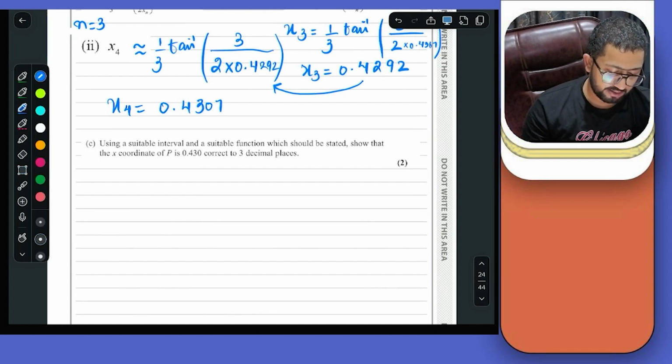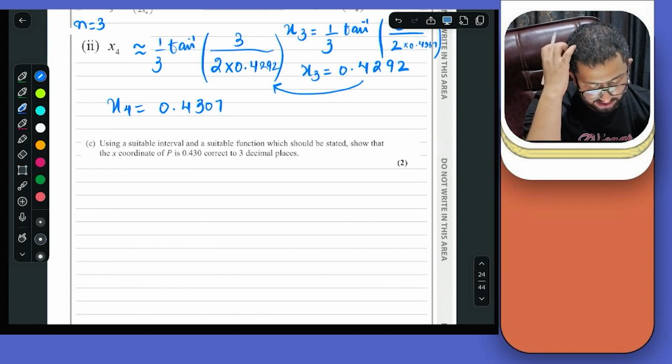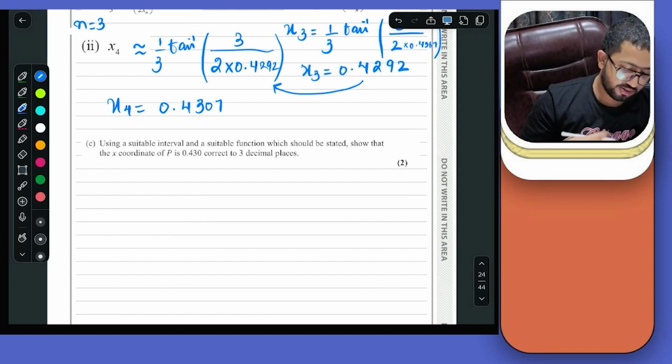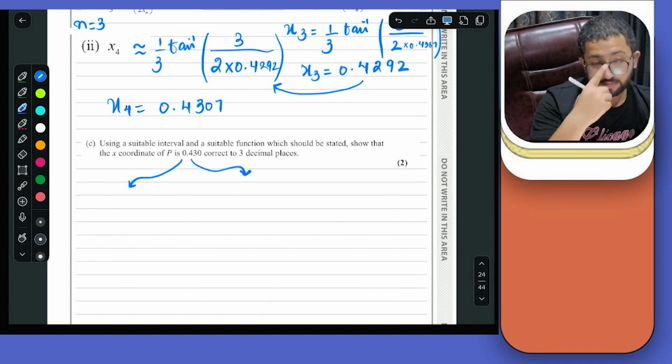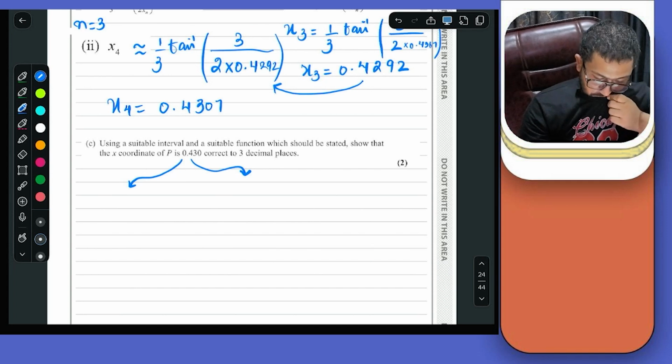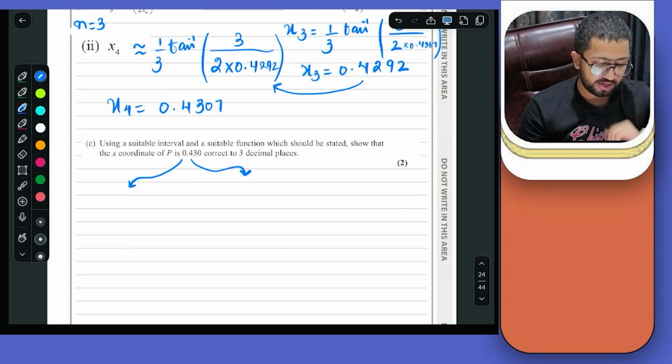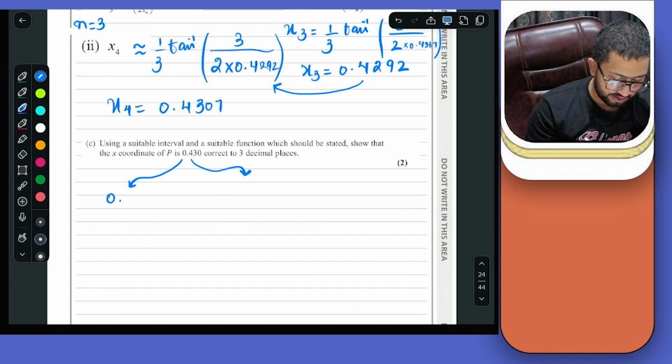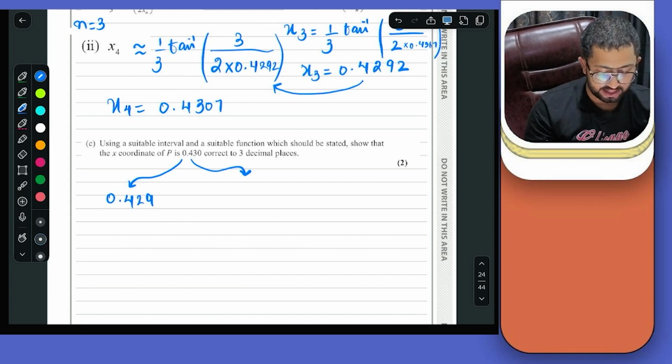So using a suitable interval, I want to show that the x coordinate of P is this. Let's take two values of x, a slightly smaller value 0.429 and a slightly bigger value 0.432.